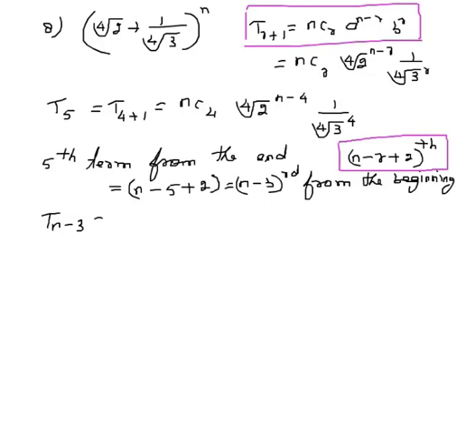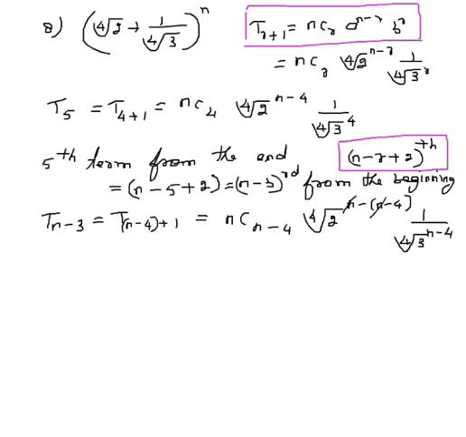T n minus 3 we need. I can write this as T n minus 4 plus 1. Therefore, it will be nC n minus 4, 4th root of 2 power n minus of n minus 4, which will become power 4, 1 divided by 4th root of 3 raised to n minus 4.